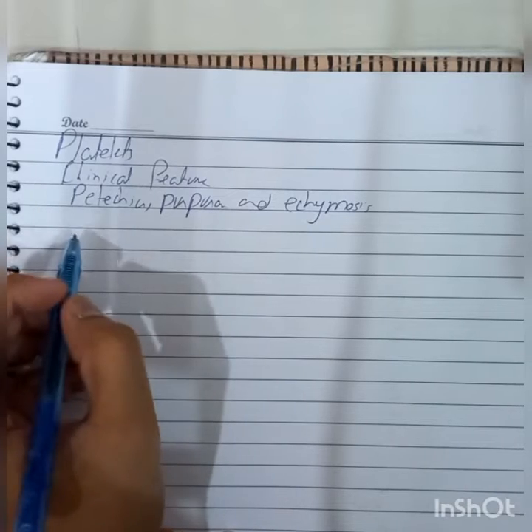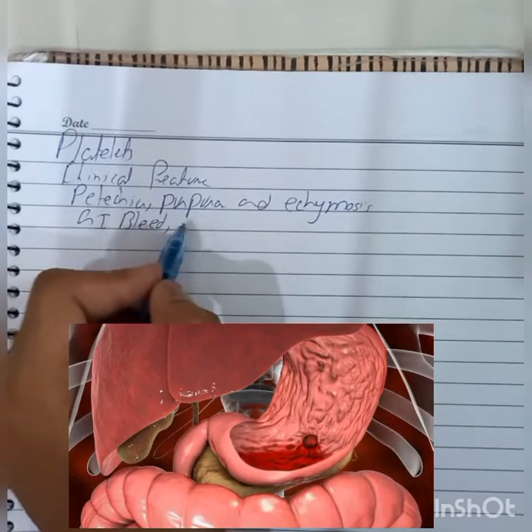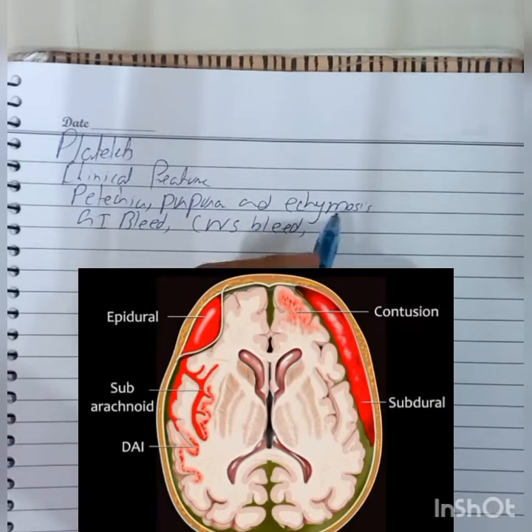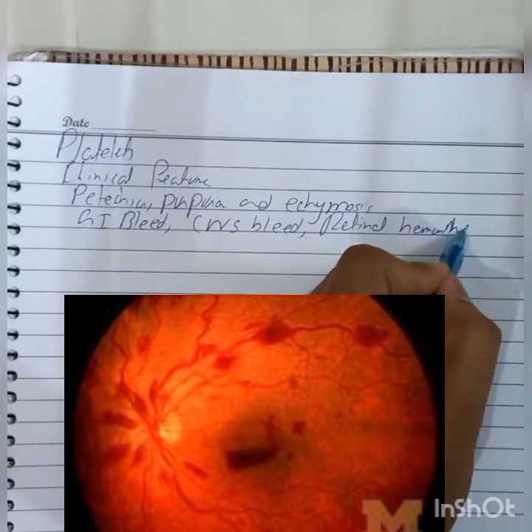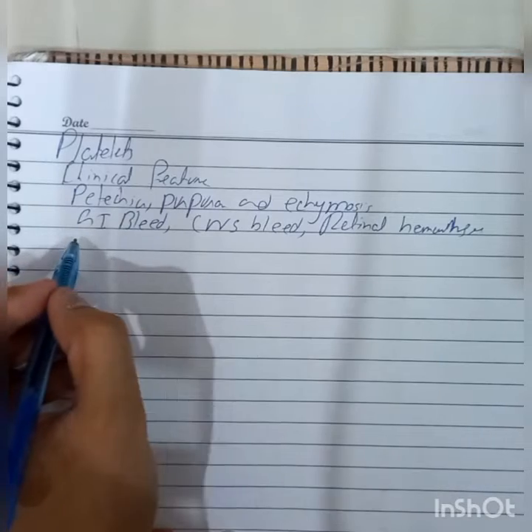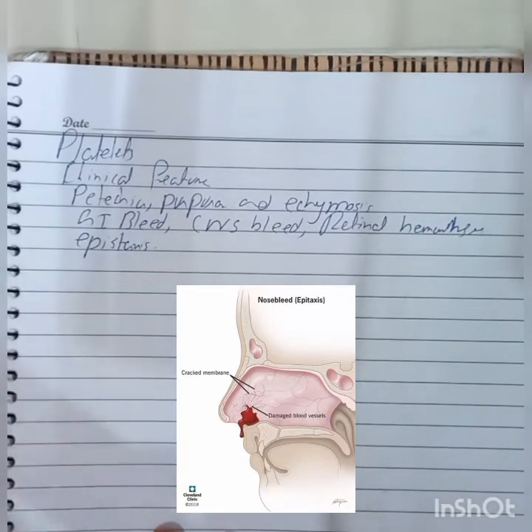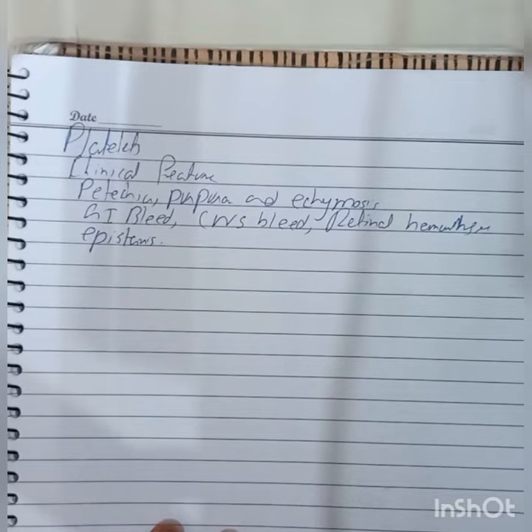There can be GI bleed, there can be CNS bleed, which is lethal for the patient. There can be retinal hemorrhages. There can be epistaxis, bleeding from the nose. So these are the clinical features of the patient who comes with idiopathic thrombocytopenic purpura.